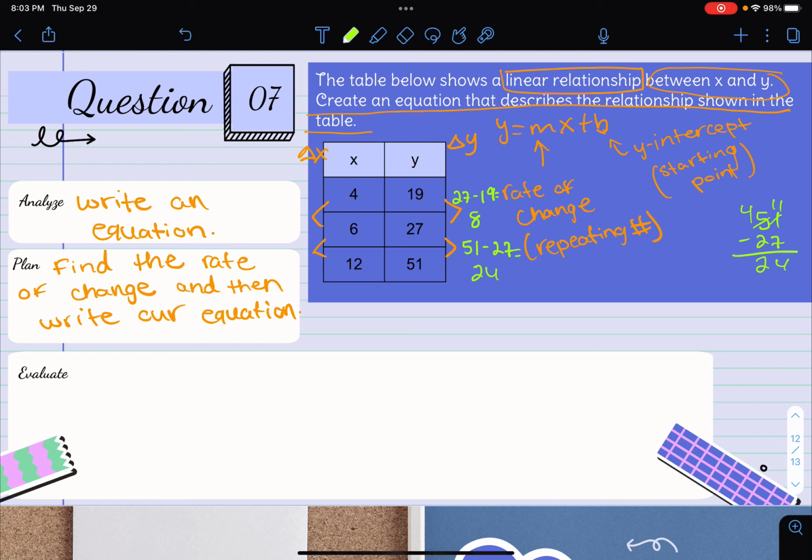Okay? So now that we have that, we're going to find our change of x. So the difference between 4 and 6. Oh, let me change that color. First, let me erase it. Now let me change the color so we can see it. And the difference between 4 and 6 is 2. So here, again, you should have done 6 minus 4, and that gives you 2. Then the difference between 6 and 12.